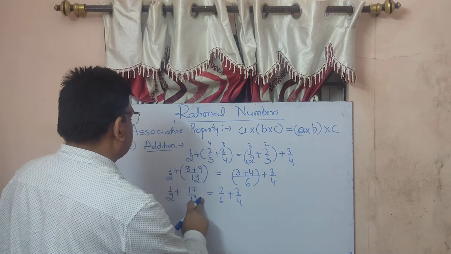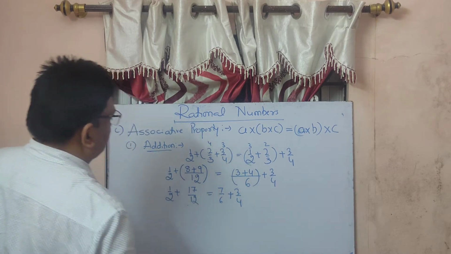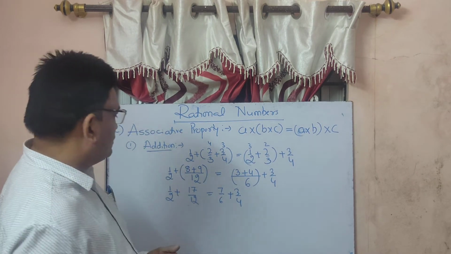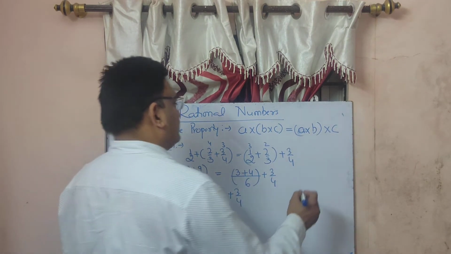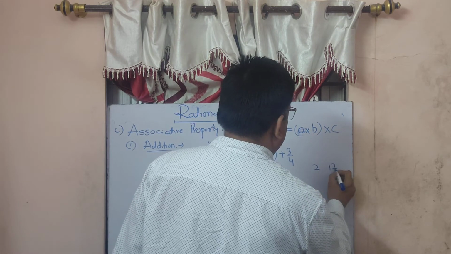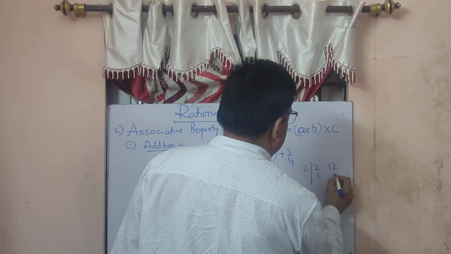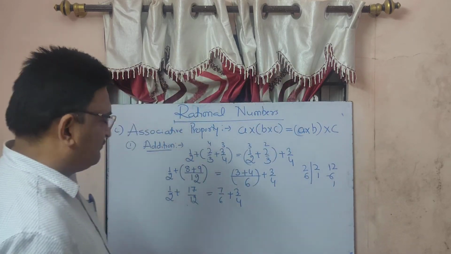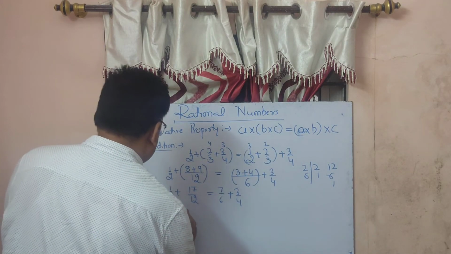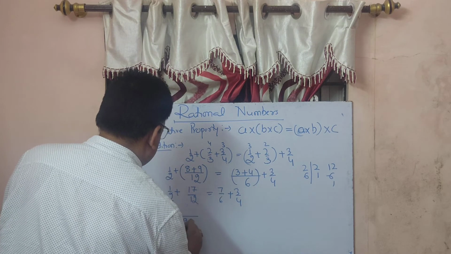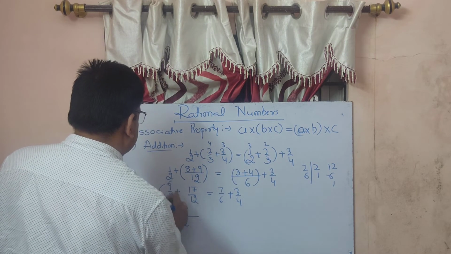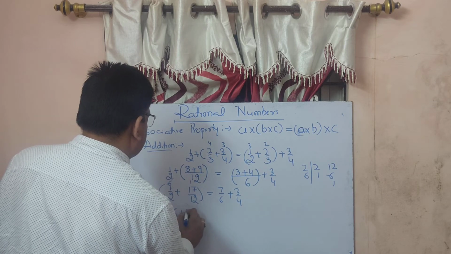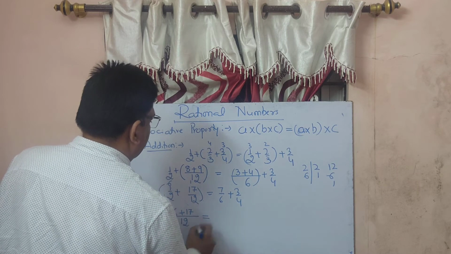So you can remove the bracket. Now what is the LCM here? 2 and 12. So write 2 here, 12 here. 12 is the LCM. 2 6s are 12, 12 1s are 12, 1 6 is 6 plus 17.